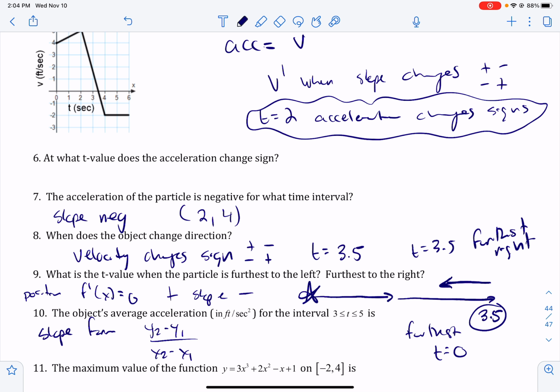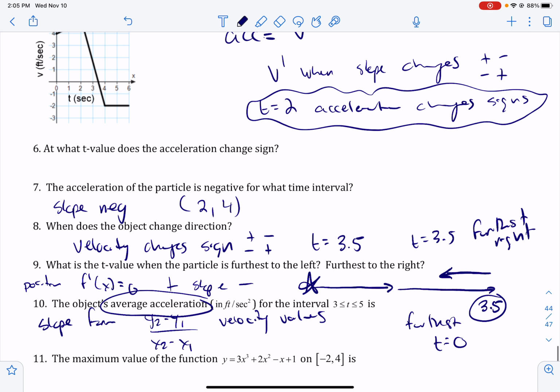So I want my average acceleration, which means I want to use my derivative values. I want to use my velocity values when I plug into this formula. So we're going from 3 to 5. So those are my x's.